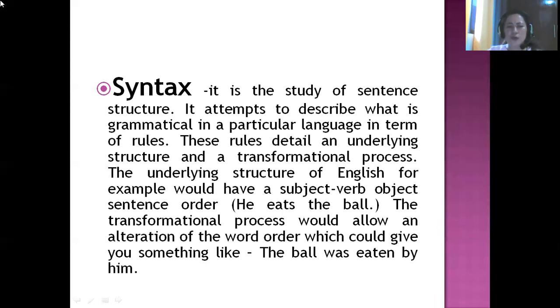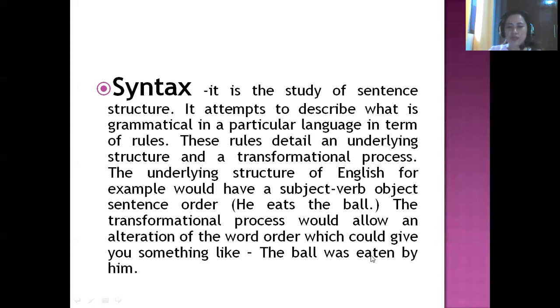So the transformational process would allow an alteration of the word order, which could give you something like the ball was eaten by him. So in this sentence, our subject is not anymore he, but already the ball. So our subject is now the ball.